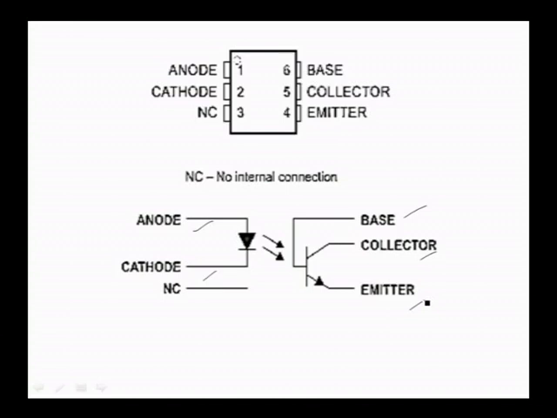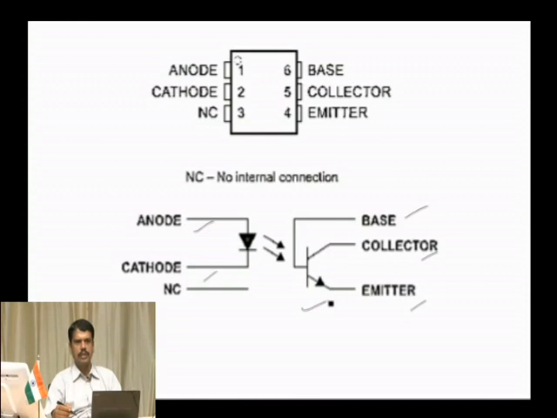This light signal is detected by a phototransistor, and the collector can be connected to any load required. That is how signals are transferred from input to the output, through the medium of light. This is what an optocoupler means. Coupling is through an optical signal, this is how the signal is transmitted from one part of the circuit to another part. At the same time, we are providing the isolation. The input circuit is totally isolated from the output circuit.